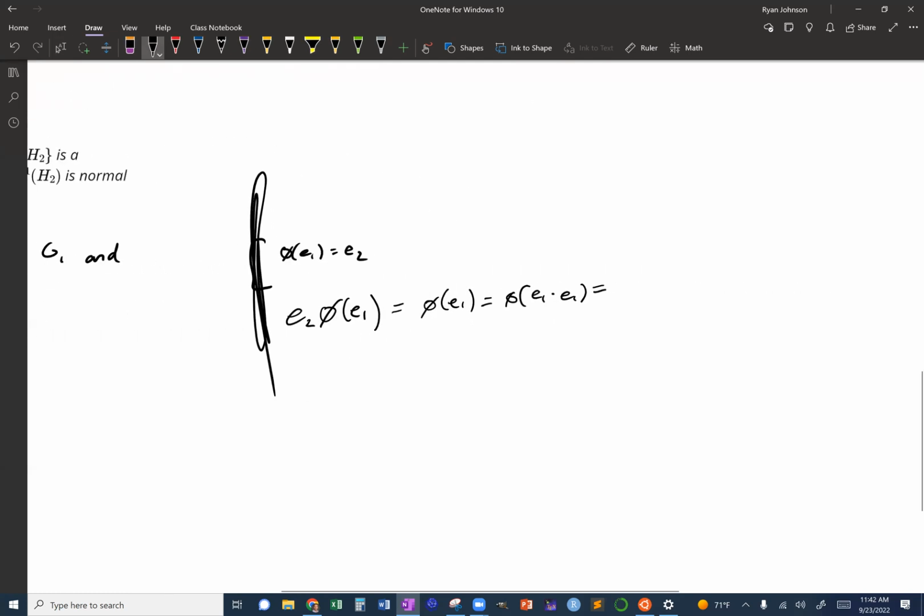This is where we use the homomorphism property. Phi of E1 times phi of E1. And then by right cancellation, E2 equals phi of E1. So it's not just a cute proof, it's a tricky proof. It's a little bit of both, cute and tricky.